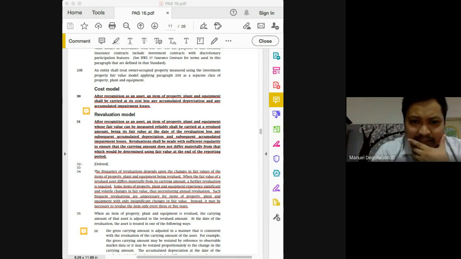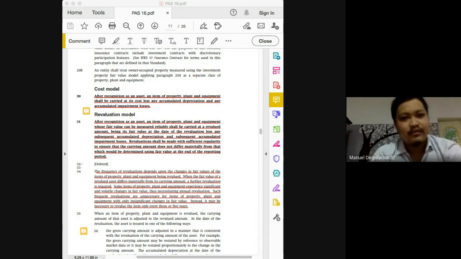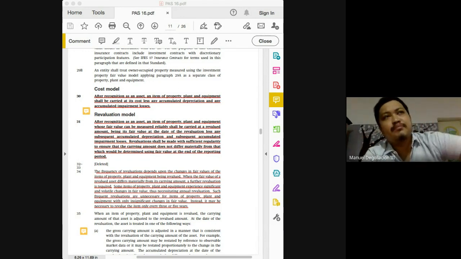If you'll see, class, this is very similar to the definition of carrying amount as provided in the definition of terms in this standard.